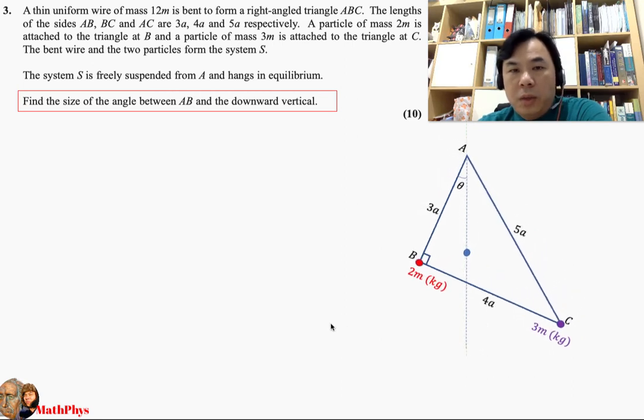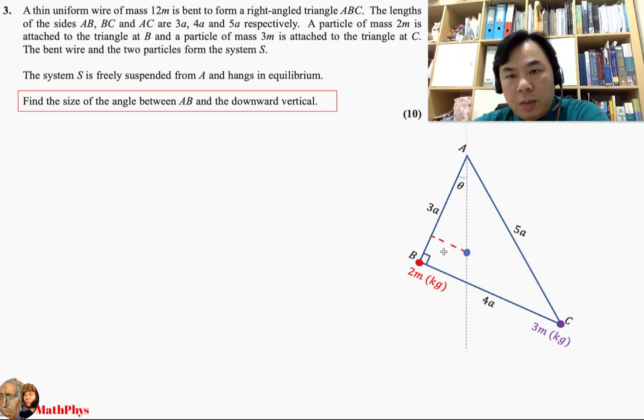The rotation, you can do it counterclockwise or clockwise. It doesn't matter in this case. What is important is when it's hanging in equilibrium, the line of gravity that passes through the center of mass would be shown here. Now this is our center of mass. We are still interested in obtaining this angle here. The easiest way is to figure out this length here, which we have already worked out just now.